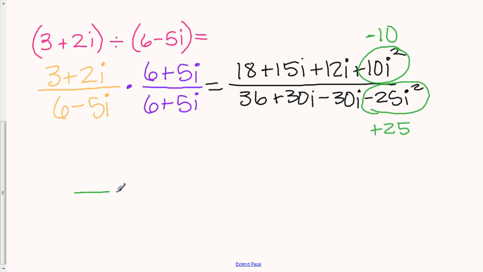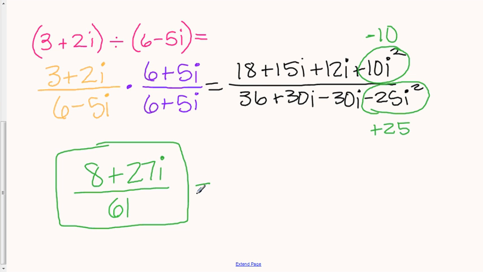And so you would have 18 minus 10, which is 8, plus 15i and 12i would make 27i. And in the denominator, 36 and 25 is 61. And a 30i and a negative 30i is 0. And so this would be your answer.